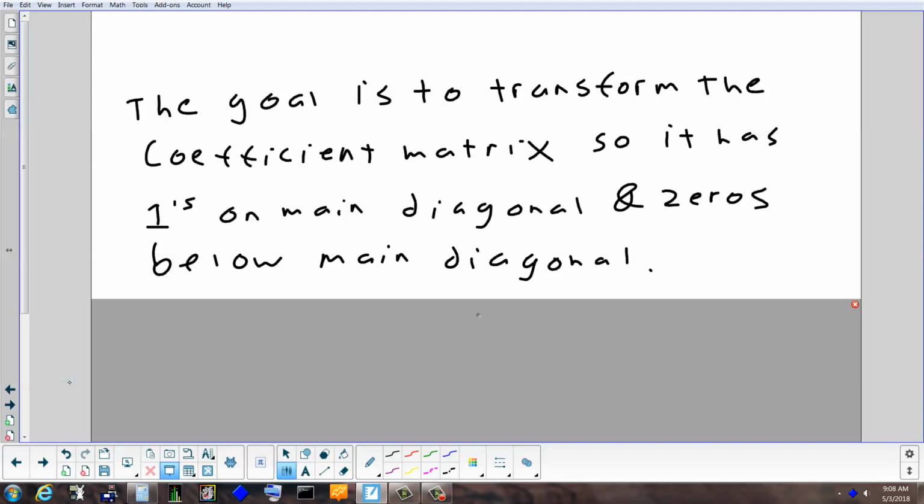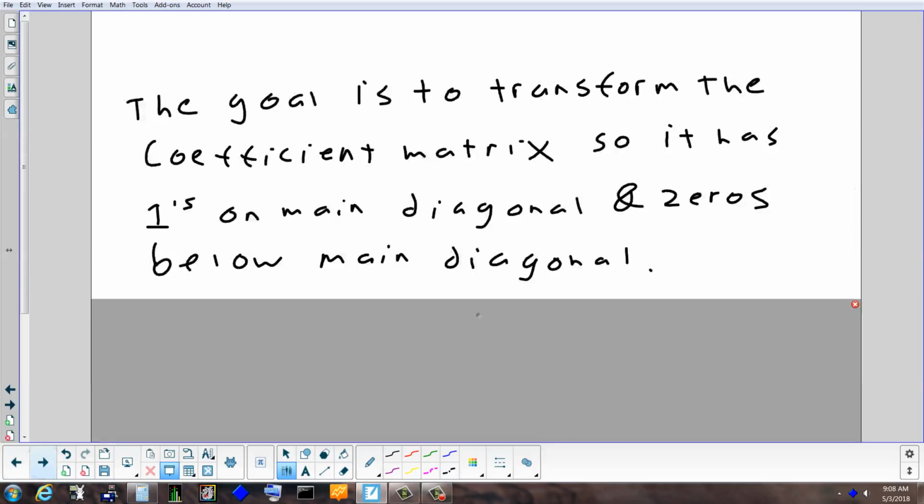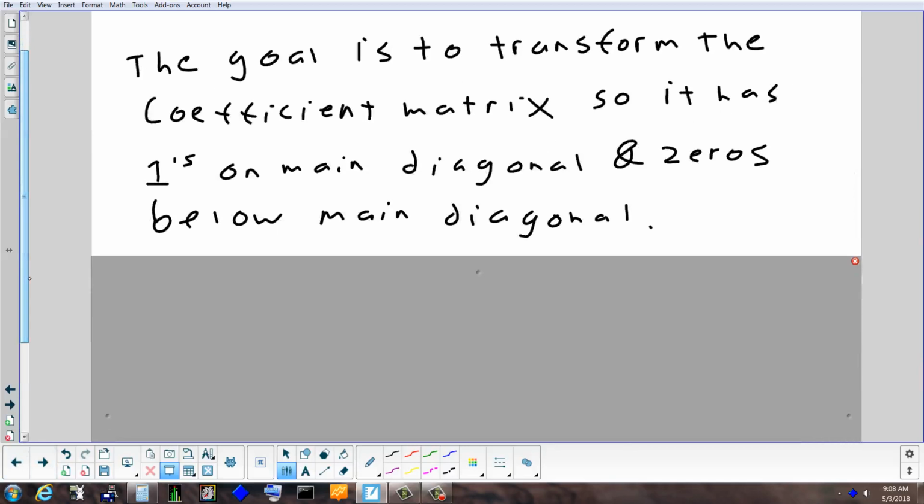But in Gaussian elimination, this is the goal. You want to transform your coefficient matrix, this matrix right here, so that you end up with 1s on the main diagonal. Okay, the main diagonal goes from upper left to lower right, and 0s below it.